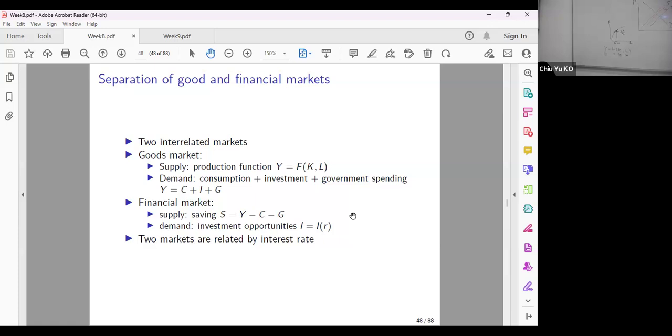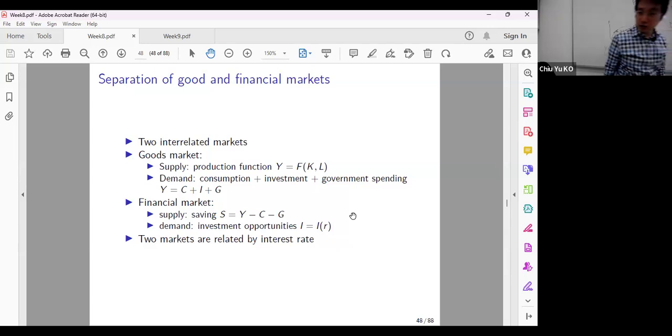And the financial market also has investment, right? This money will go to investment, right? And the investment is determined by R, okay? And you would ask how these two markets are related, right? And you will see the interest rate is the key to connect the real side economy and the financial side. So that is why we emphasize this point here, okay?